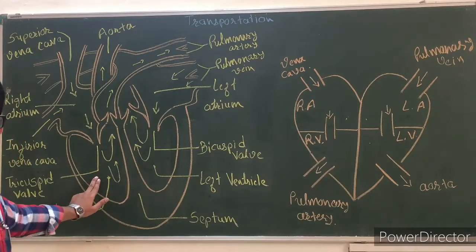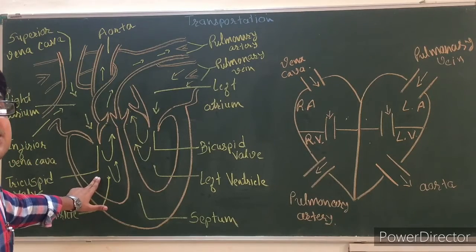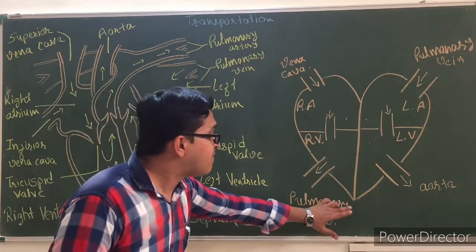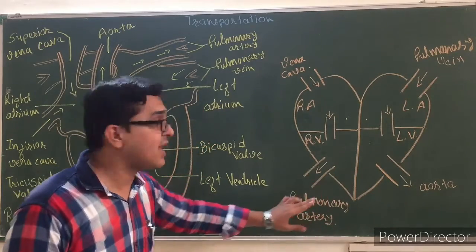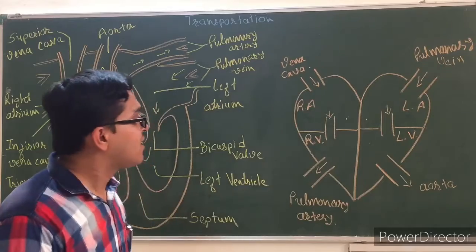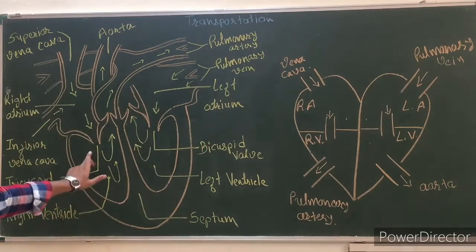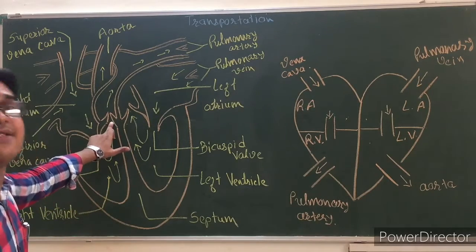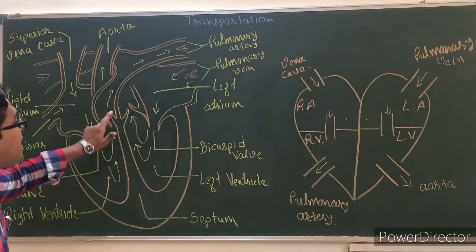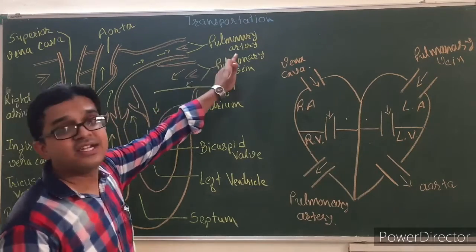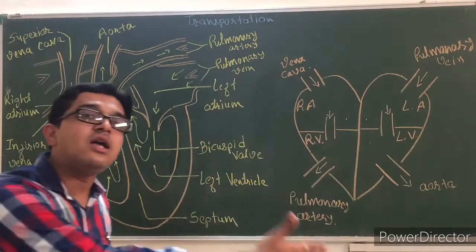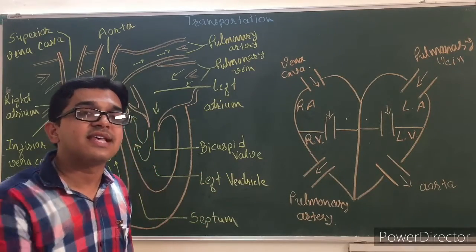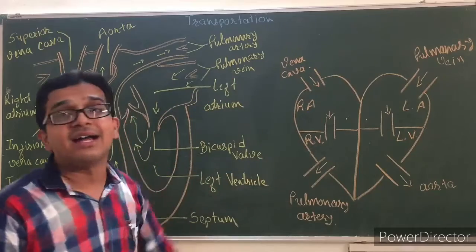Actually, the pulmonary artery is not present here, but it is just for our understanding. From the right ventricle, the deoxygenated blood goes through the pulmonary valve, from the pulmonary valve to the pulmonary artery, and from the pulmonary artery to the lungs.